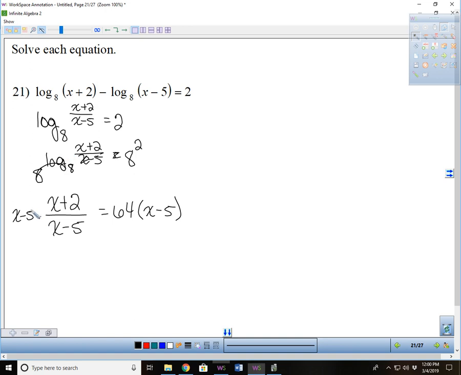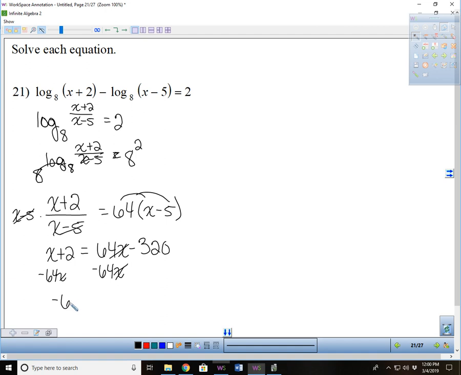Okay, so that's going to cancel, and then I have x plus 2 is equal to distribute 64x minus 320. Then I just need to get my x's together and solve. So I'm going to subtract the 64x.